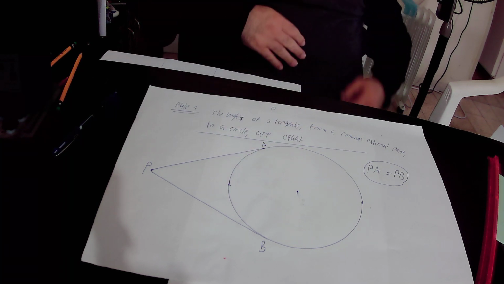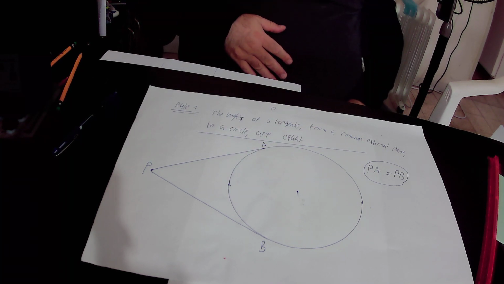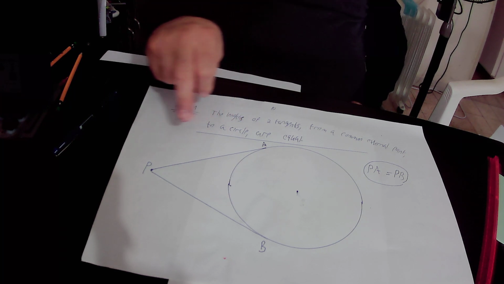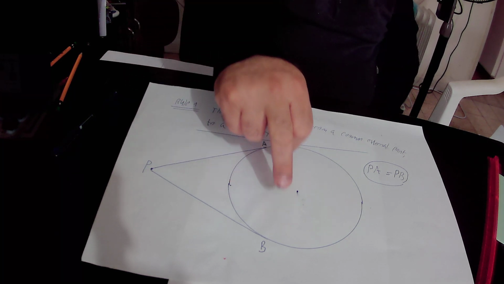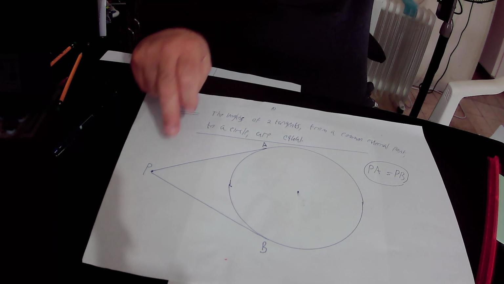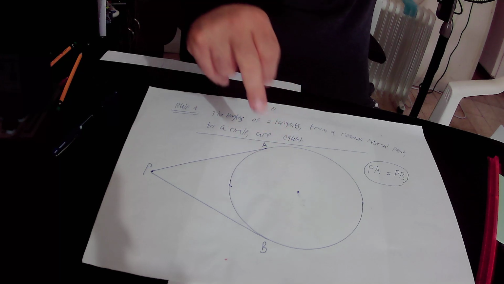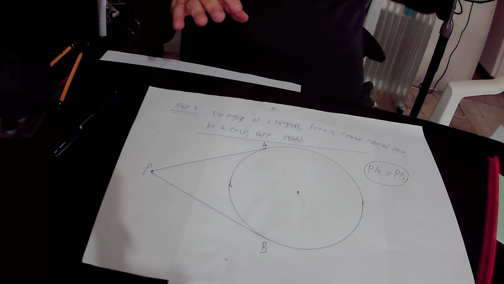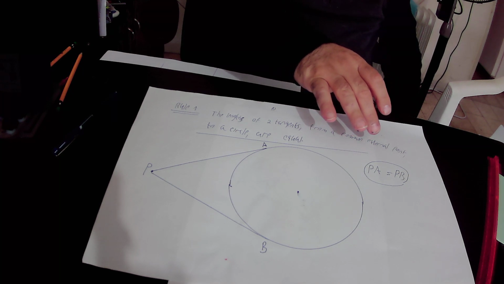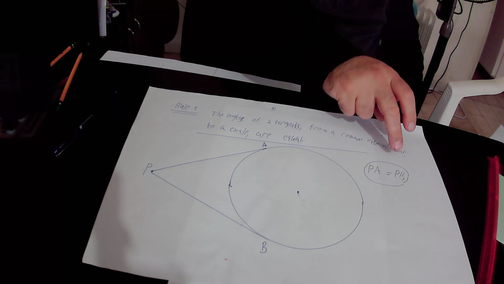And according to rule number 1, the lengths of two tangents, that is to say the length of the first tangent PA and the length of the second tangent PB, from a common external point, that is to say from point P to a circle to points A and B, are equal. That is to say, the first tangent PA is equal in its length to the second tangent PB.